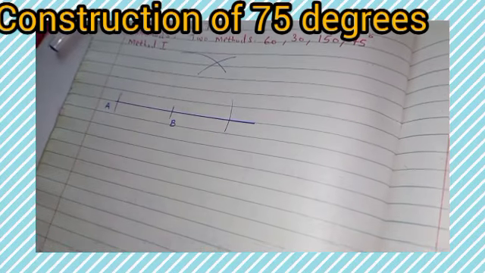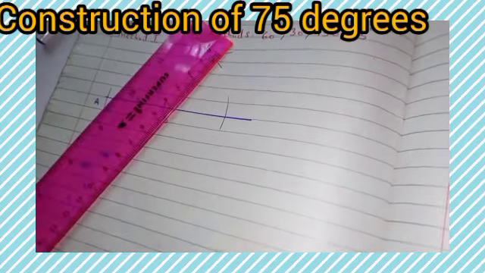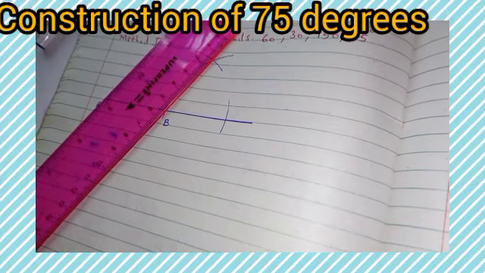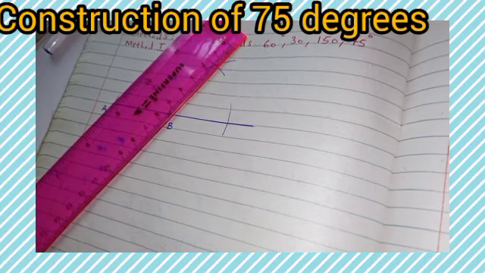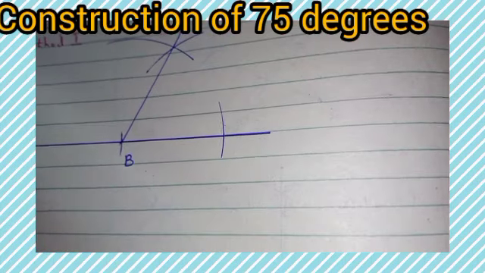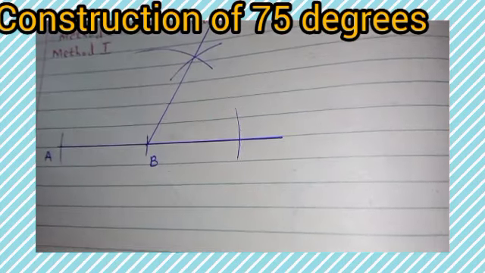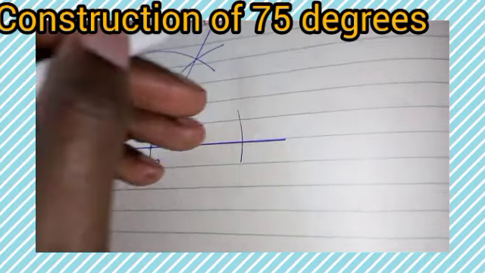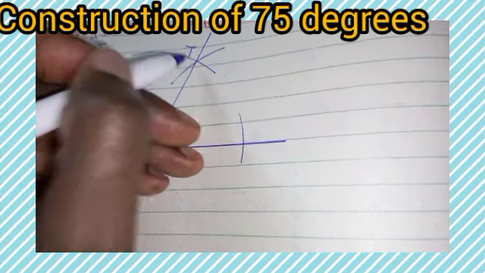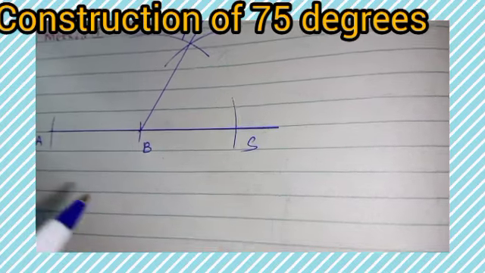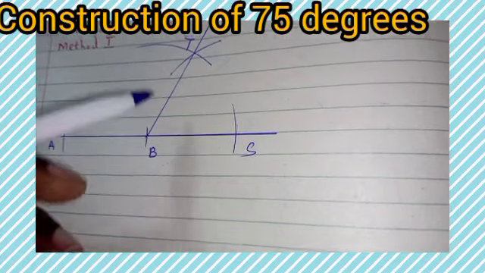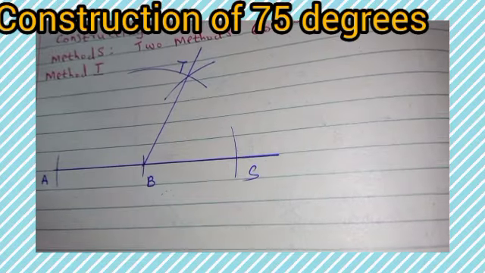Then, using your ruler, you join that point to B, where the two arcs are intersecting as shown. You can call this point T and the other one S. So angle SBT is equal to 60 degrees.